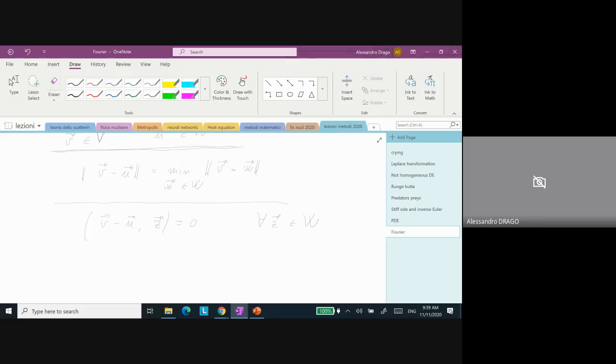So what we are going to use is essentially this second property, in the sense that we will check explicitly in a moment that our approximation corresponds to writing an equation.